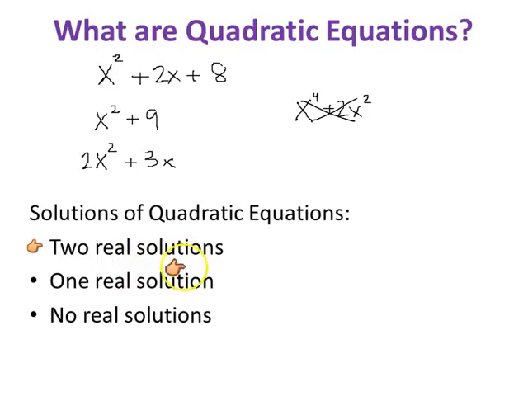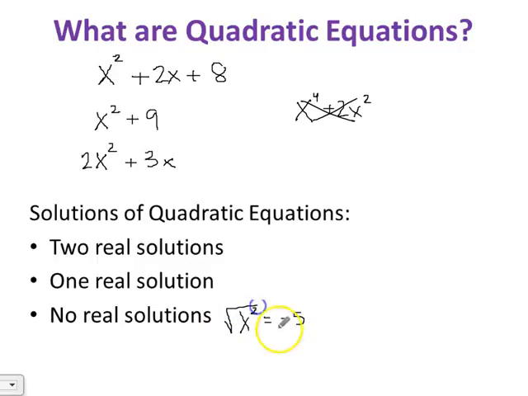Those are real numbers. We might have a situation where there's only one real number solution when we solve for a quadratic. We might just have one x equals. And then there's also a possibility that we're not going to have any real number solutions. That would be like if we were solving an equation and we got to a point where we had x squared equals -5. How would we solve for x squared here?